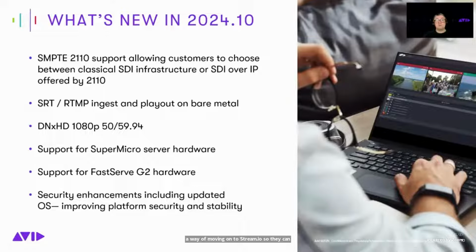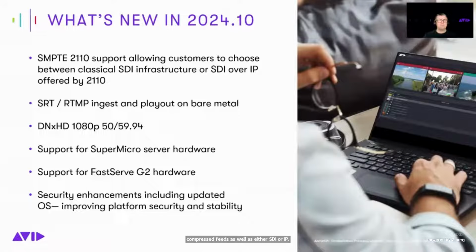So MediaCentral Stream customers will be able to switch to Streamio this year and continue to work with SRT and RTMP, but also existing Streamio customers also get access to this as well. So now they'll be able to ingest and play out compressed feeds as well as either SDI or IP.